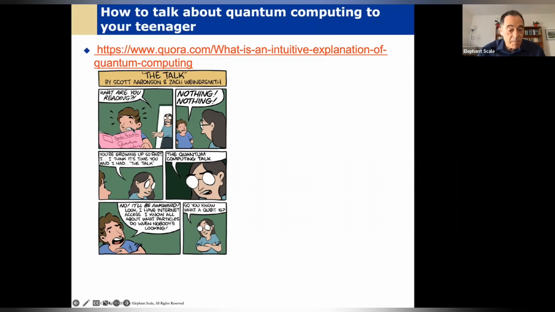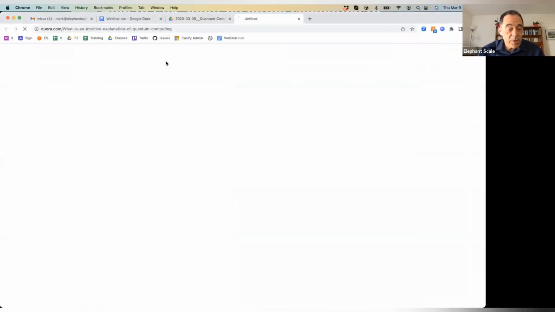Obviously, she got him, and she's very unhappy. You can see that he's reading, but what is he reading? Quantum computing. Okay, so obviously it is a play on parents talking to children, but they talk about quantum computing, and they play here on all the innuendos that you could have. So let's go.